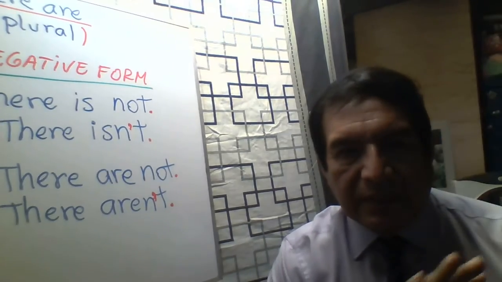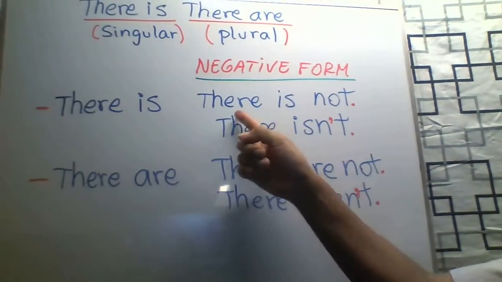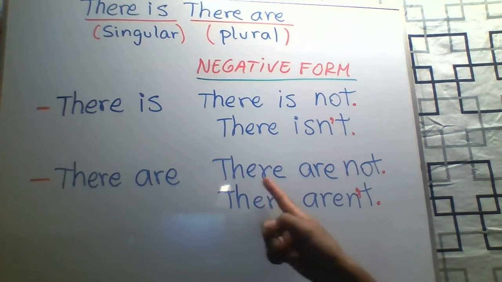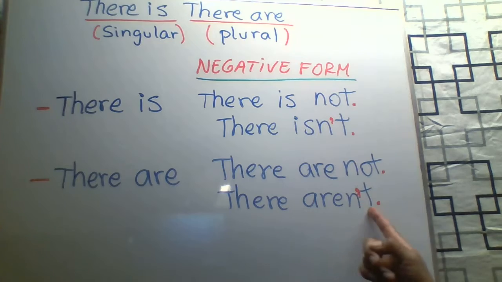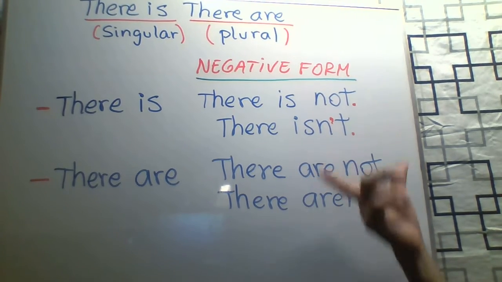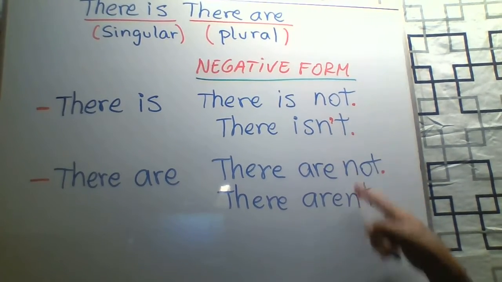Don't forget that. It's very easy. And don't forget that the negative form for there is is there is not and there isn't. The negative form for there are is there are not, there aren't. You can use them separated or in contraction. And don't forget the writing.